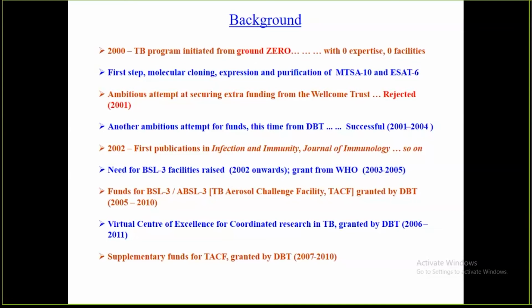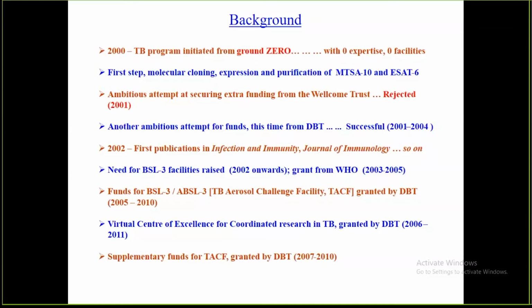She has already set the stage, and I am expected to talk about how we started. So maybe this will be of more interest to those who are yet to embark on starting such a program.